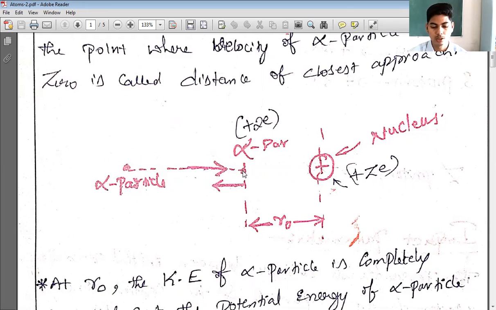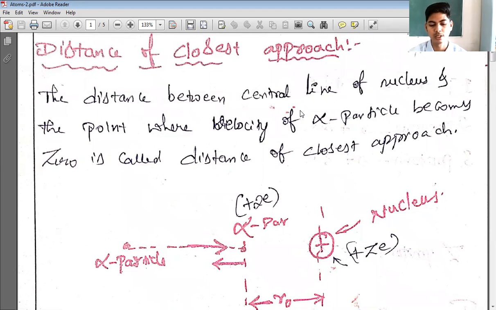The distance between the point where velocity of the alpha particle becomes zero and the central line of the nucleus is called the distance of closest approach. So distance of closest approach is defined as the distance between the central line of the nucleus and the point where velocity of the alpha particle becomes zero.